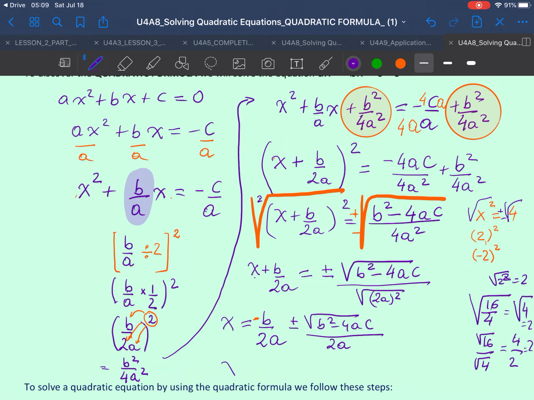And I will say that x is equal to a big fraction, 2a in the denominator, so negative b plus or minus the square root of b squared minus 4ac. Okay? And there we go. We derived the quadratic formula.